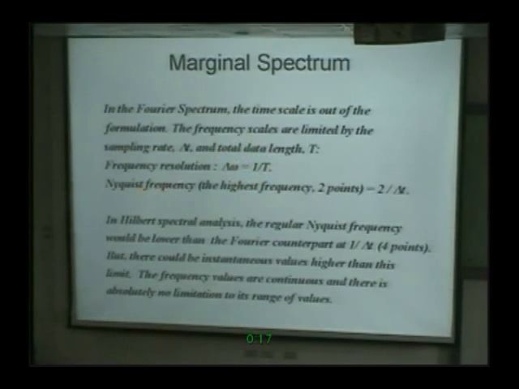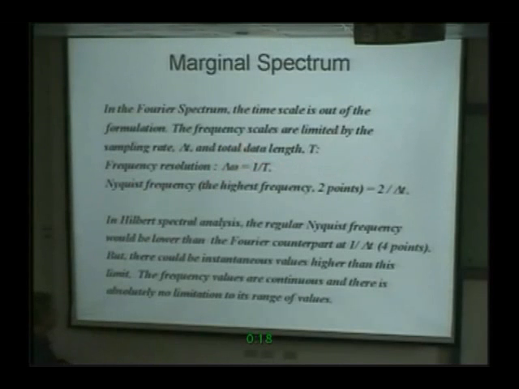Also, the highest frequency that you can ever resolve is 2 over delta T. That's the Nyquist. If you select your sampling rate, then the highest frequency resolution is determined. Not only that, the frequency resolution is also determined.